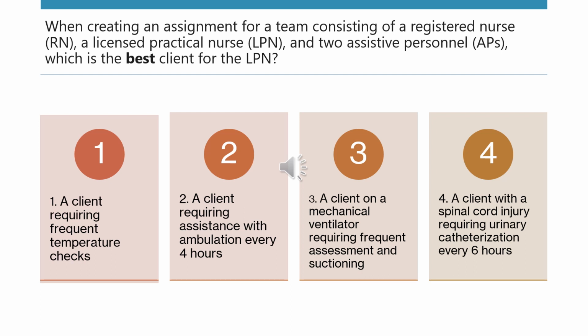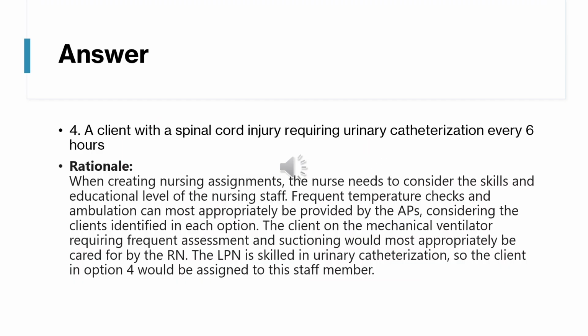So we would go ahead and delegate that client with the spinal cord injury that requires the urinary catheterization every 6 hours. Okay, so as we said, our answer is a client with a spinal cord injury requiring urinary catheterization every 6 hours. So let's look at the rationale here.